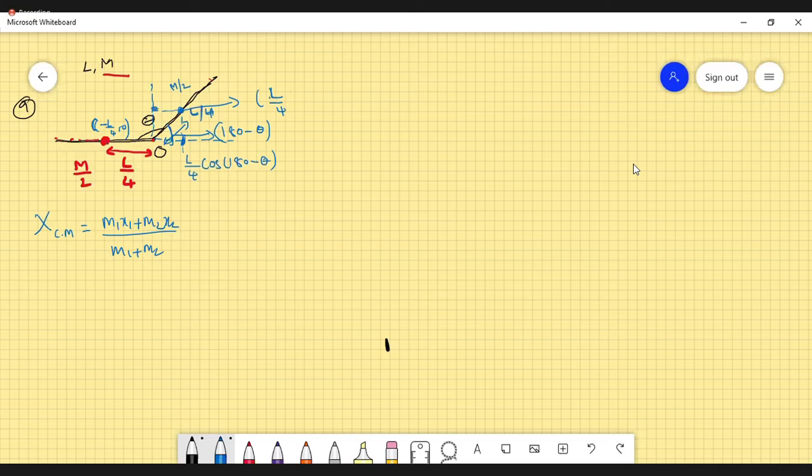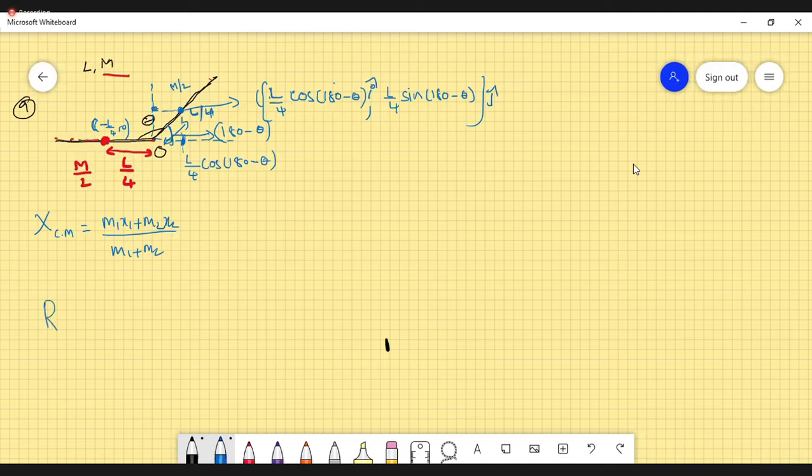Minus cos theta. So these are the points, with i cap and j cap, okay? And now use this one, the center of mass.